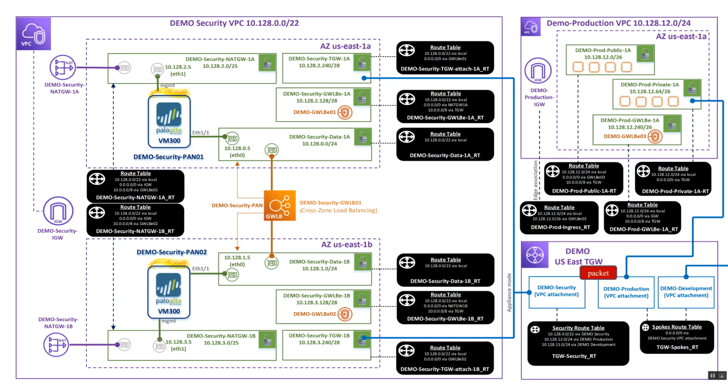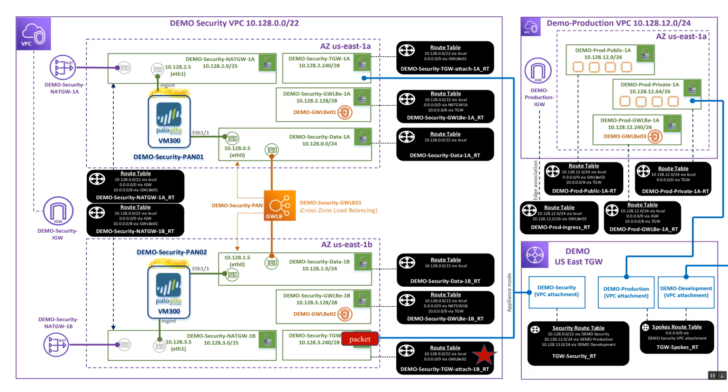This is why we want to do this. So it's going to use the default route in order to get to the demo development. But what happens is that packet gets forwarded. Again, it could go to the top Transit Gateway attachment or the bottom Transit Gateway attachment. Doesn't matter. So in this particular case, it's going to go to the bottom Transit Gateway attachment, and then guess what? The routing table gets consulted again. Well, I still need to get to the 10.128.13.0 network, where what's my next hop?